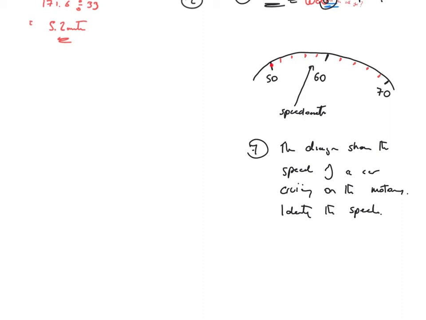So it's 2, 4, 6, 8, 10, 52, 54, 56, 58 miles per hour. Make sure you get your units in there. If I was to ask what that would be to the nearest 10, that would be 60 miles per hour.